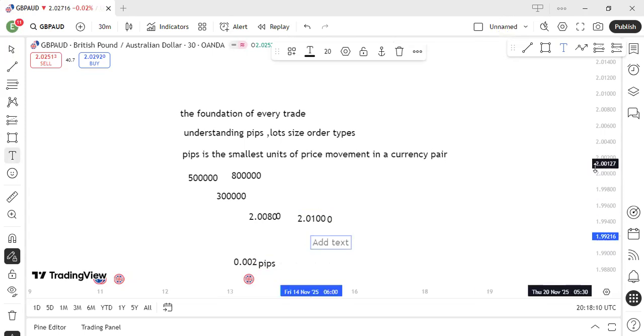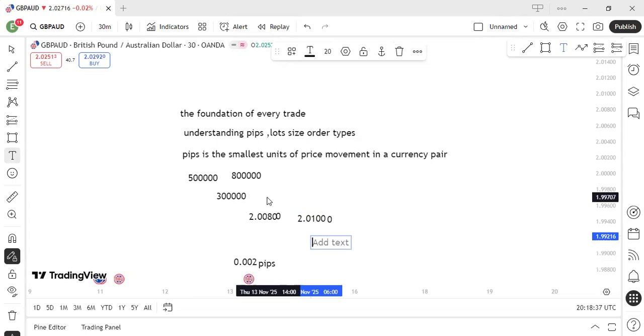Once you minus it, the difference is called the pips. So that is how we understand pips. Let me say the market is at 500,000 and you now move to 800,000. I can say the market moved 300,000 pips.